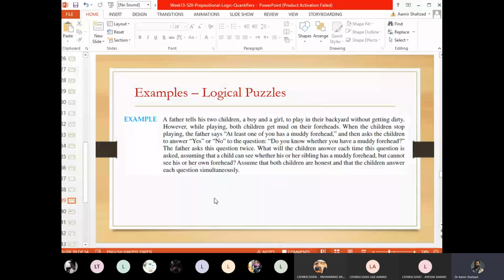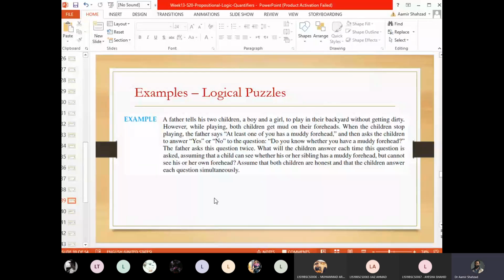There are two children playing in the garden, and they may get their forehead dirty or they may not. They cannot feel it, they cannot see it, they cannot touch it, they cannot talk to each other and tell each other.